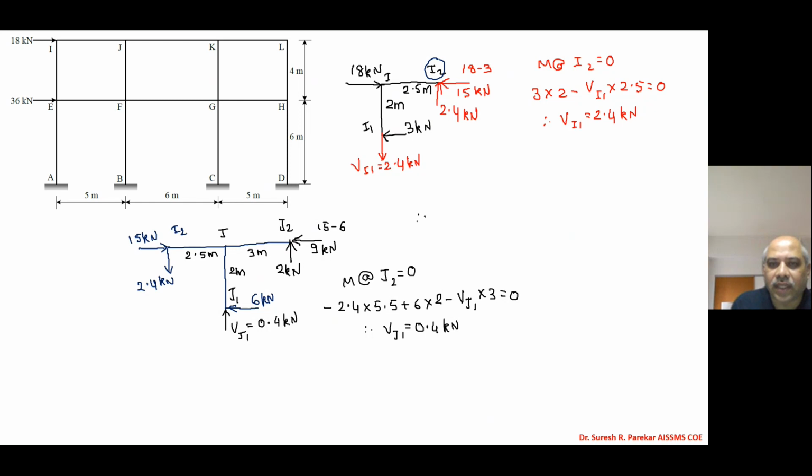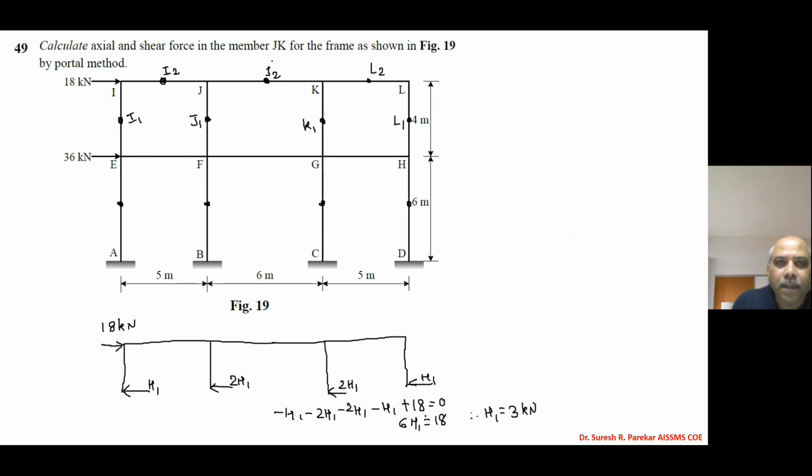And therefore now we have the axial force in JK. So we just have to find it in JK.